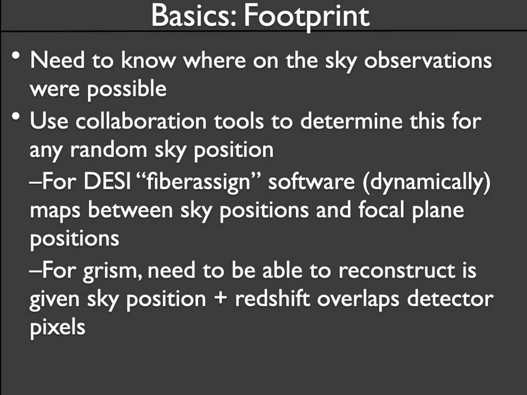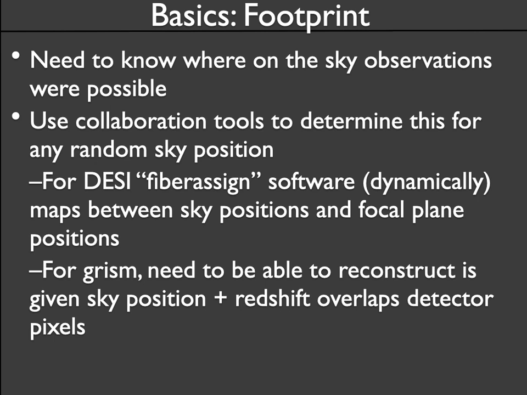And then thinking of something that uses a grism, like Euclid or Roman, there the spectra are light dispersed by the grism, and you need some kind of reconstruction from where you see the spectral features on the detectors to the sky position they correspond to.